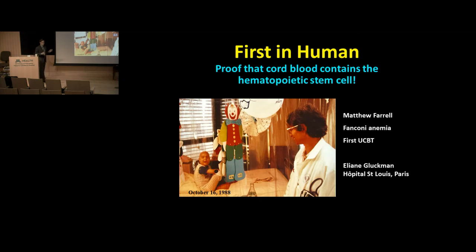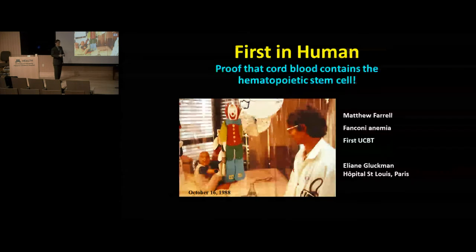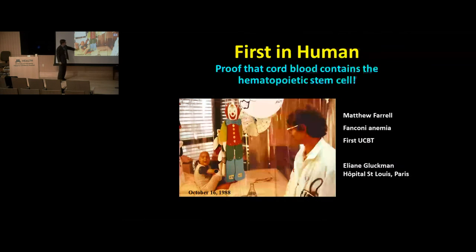So all of cord blood transplant began with Fanconi anemia. Because they were getting pregnant and had prenatal testing, they collected the cord blood and then did the transplant. This is Matthew Farrow, who was the first patient with a cord blood transplant. This is Eliane Gluckman, who did the first transplant in Paris back in 1988.